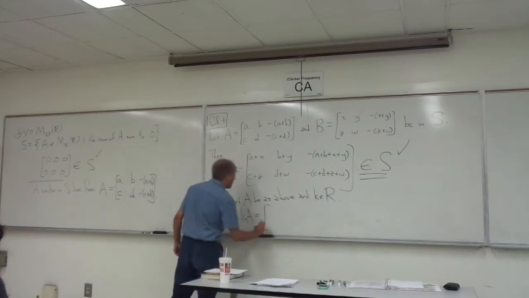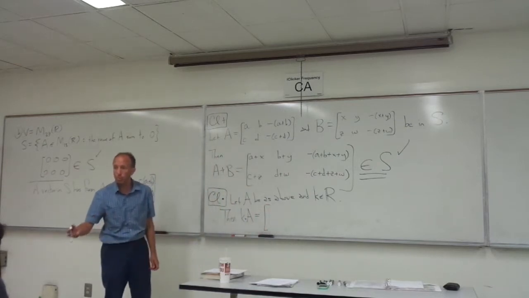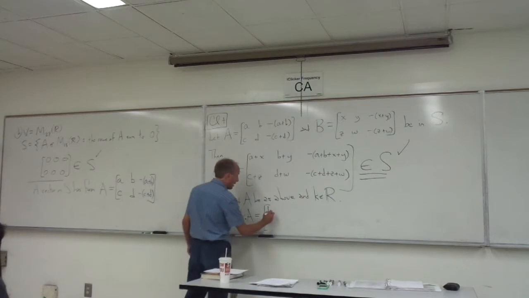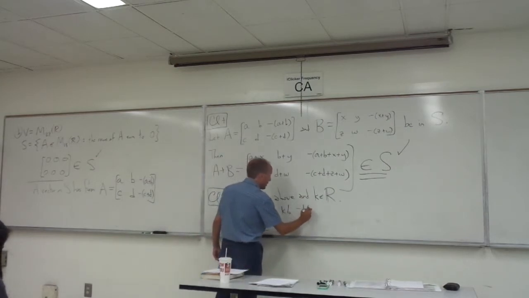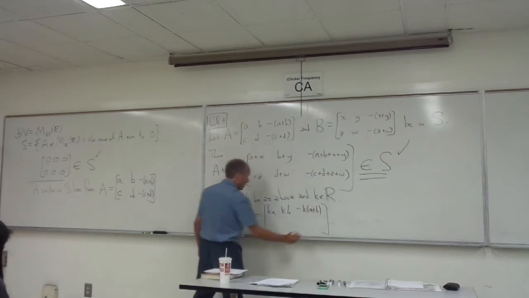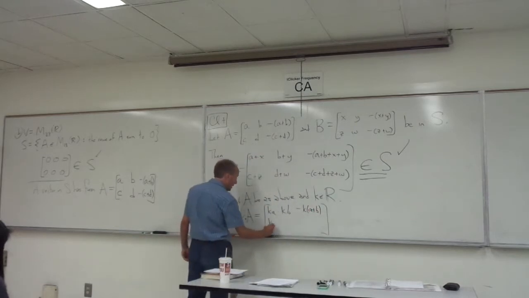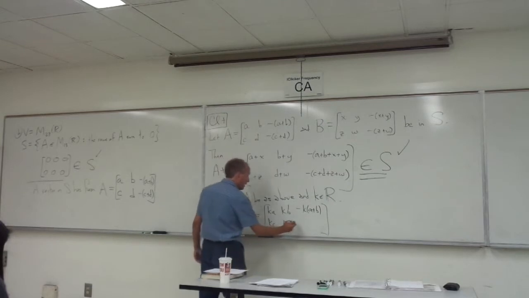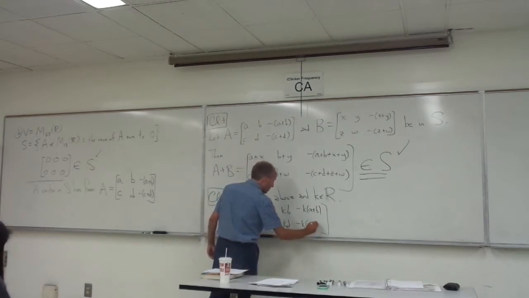We're just going to take the matrix A and multiply it through by K everywhere. So we will get KA, KB, negative K times the quantity A plus B. And then on the bottom line, KC, KD, and negative K times the quantity C plus D.